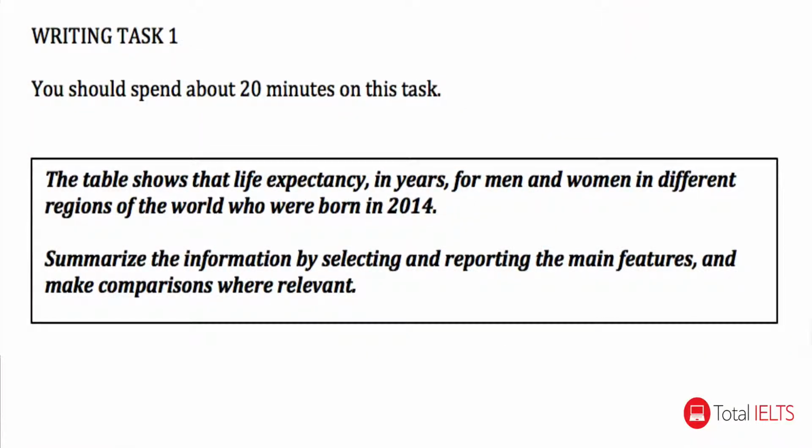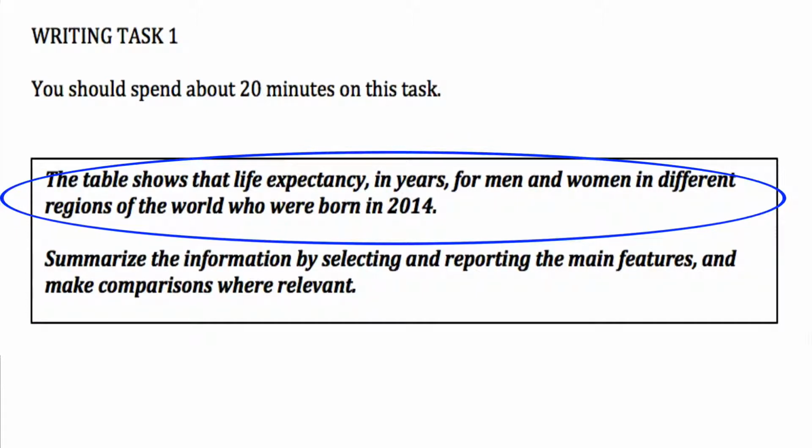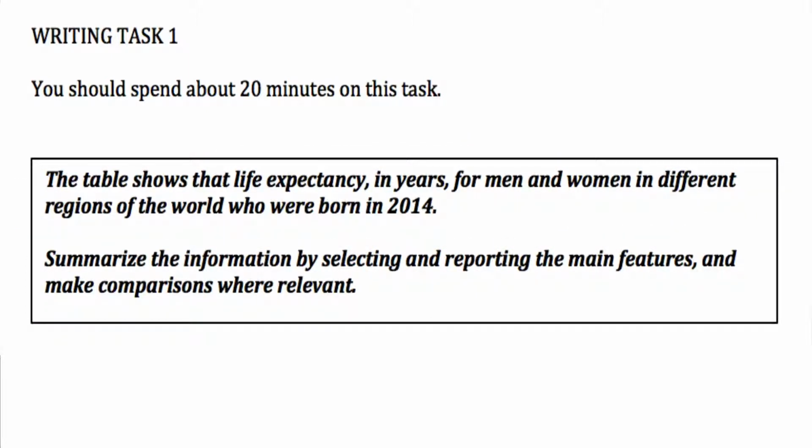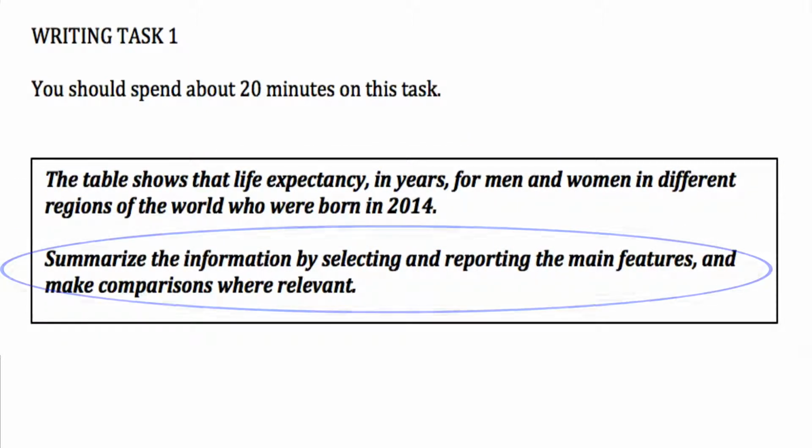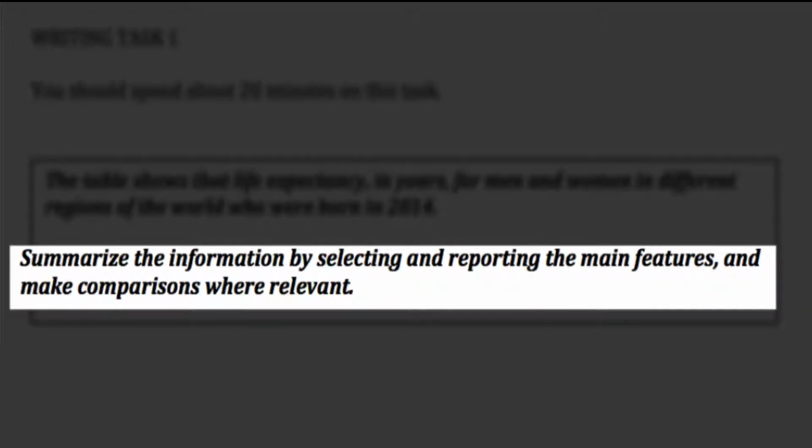Every Task 1 question will include a very brief introduction to the visual representation. Underneath the introduction, you will see the actual question. Now, you've seen this question already, but just to make clear that this does not change. So it's summarize the information below by selecting and reporting the main features and make comparisons where relevant.